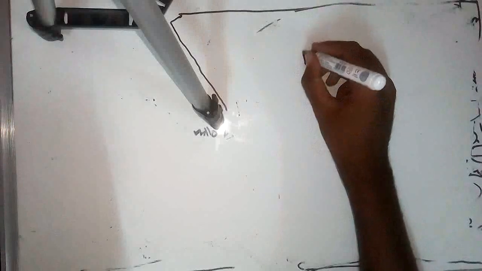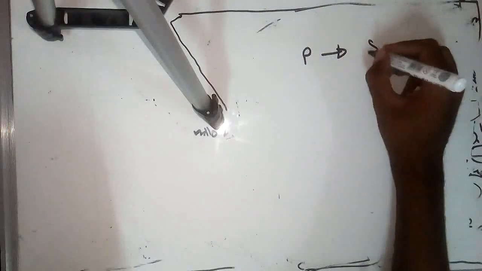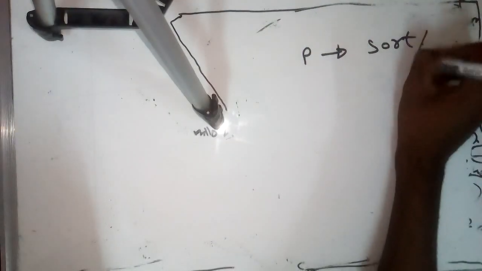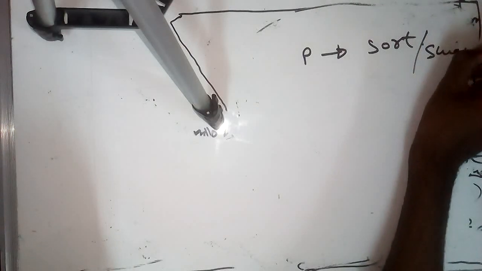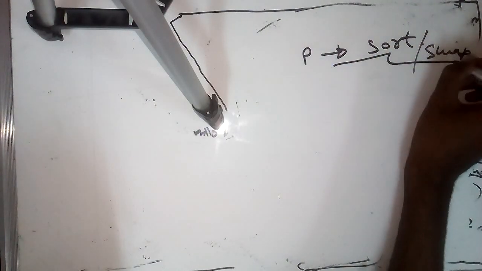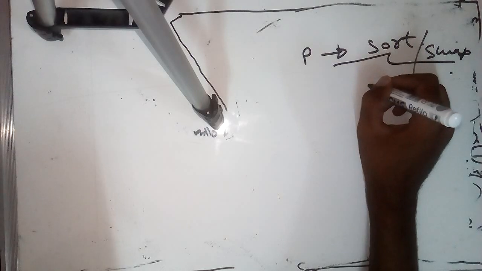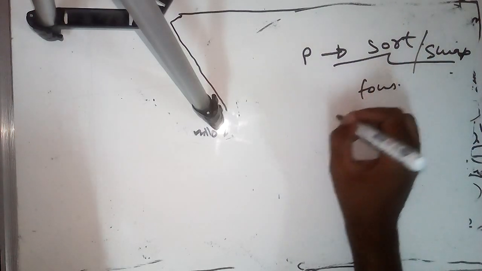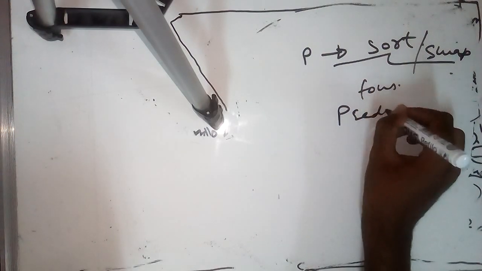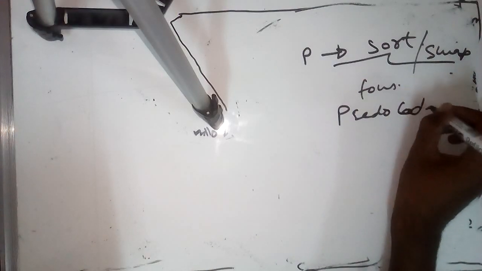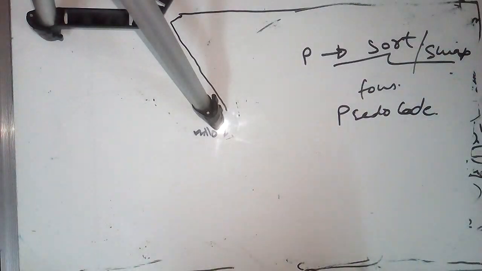Let's say we have a program P, it will sort the numbers or swap the numbers. That kind of task is what we primarily focus on when we are writing the pseudocode. Okay, so this is what we have to focus on.